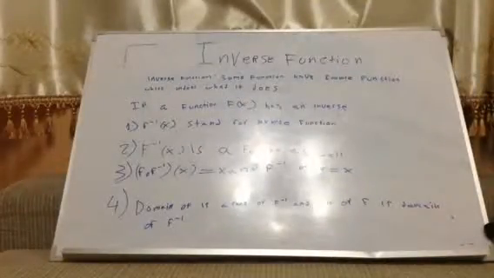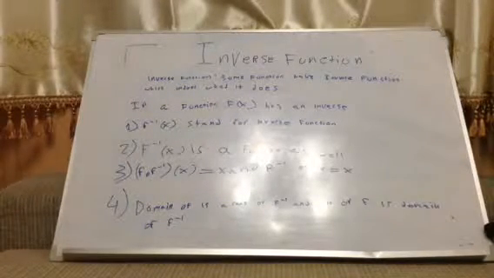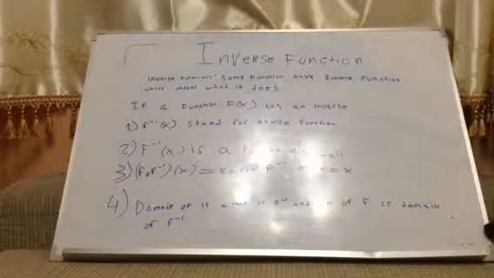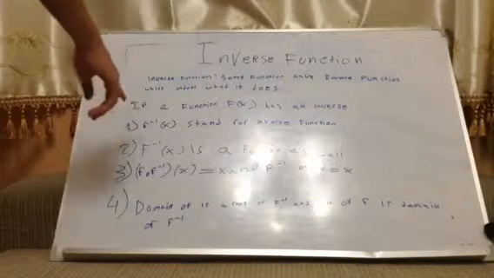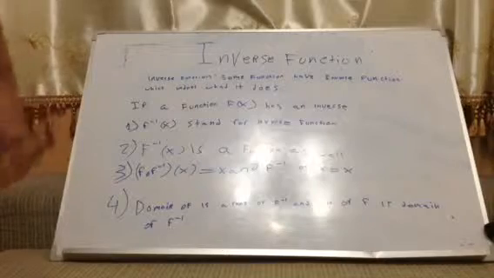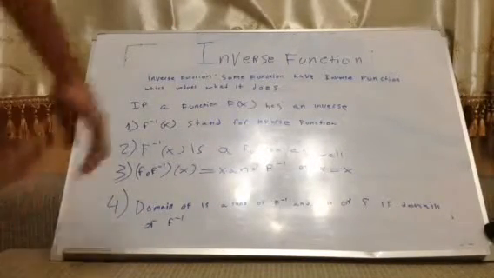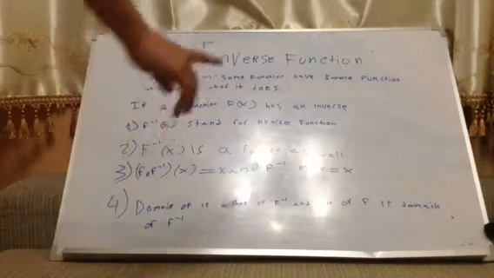Inverse function. Some functions have an inverse function, which undoes what the function does. If a function f of x has an inverse, first, f inverse of x is the same for the inverse function. Second, f inverse of x is a function as well.